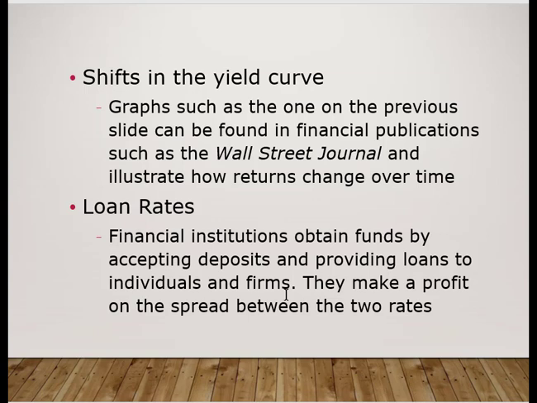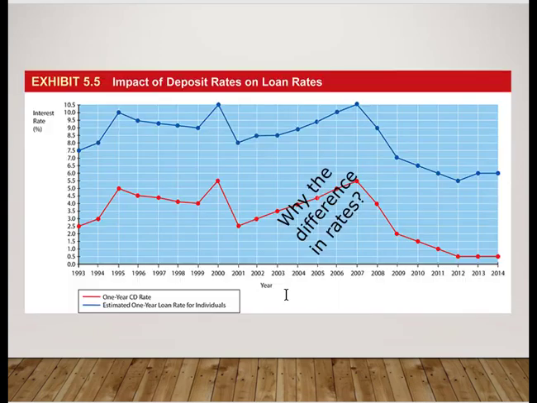And of course, loan rates will follow the yield curve. Every bank will have some schedule, if you will, of the interest rates that they charge or pay for various investments or loans. Here we have a CD rate, that's the red line, and we have an estimated 1-year loan rate.